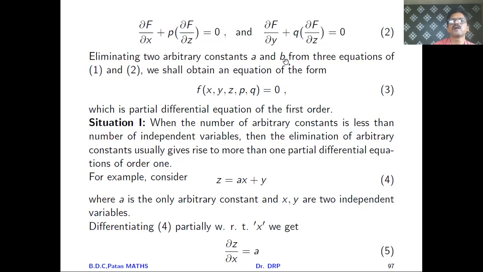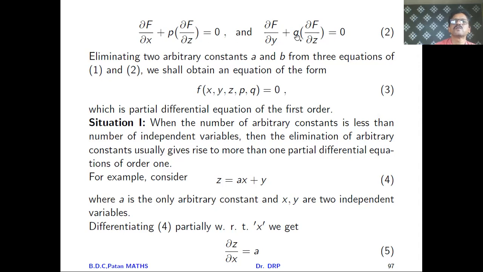So eliminating the two arbitrary constants a and b from the three equations, 1 and 2, we obtain an equation of the form f of x, y, z, p, q equal to 0. If you observe these two equations and equation 1, we have eliminated a and b from them.